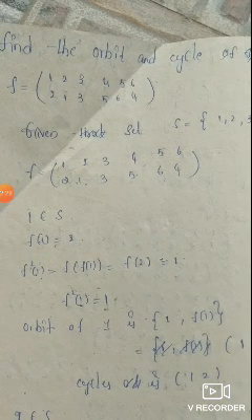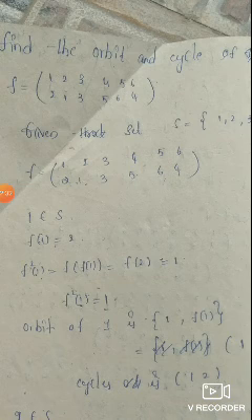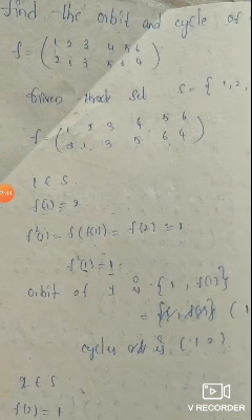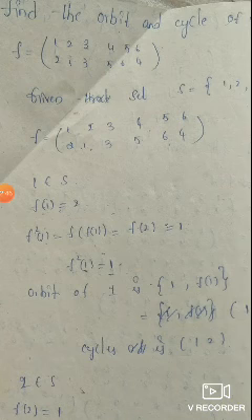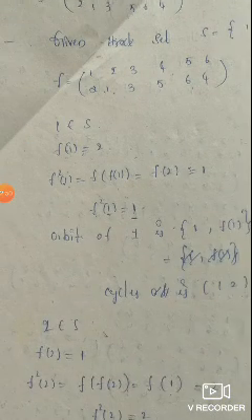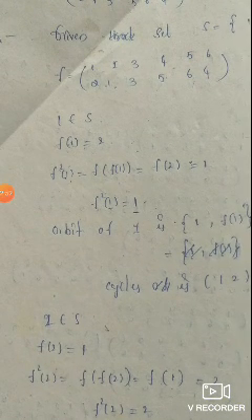So 1 belongs to S. Now find f(1), the element in the second row against 1, that is 2. So f(1) is 2, f(2) is 1, and f square of 1 is equal to 1.